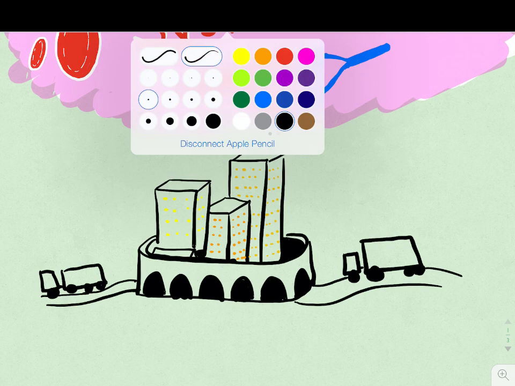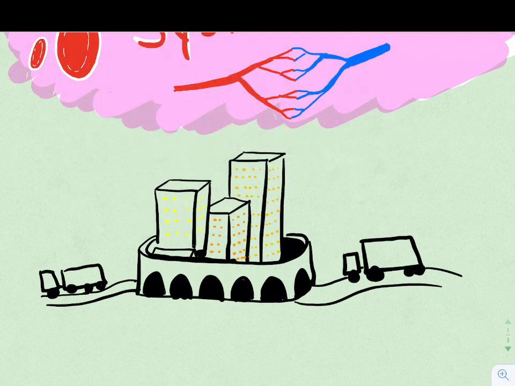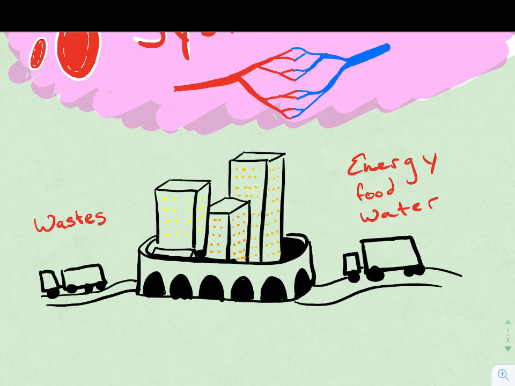So let's write those things down. You need energy coming in, you need food, you need water, and coming out, you need to get rid of your wastes. Food waste, sewer waste, all that stuff.